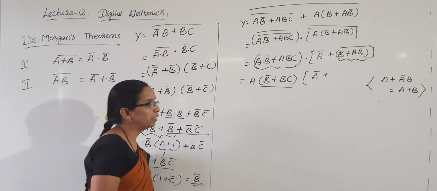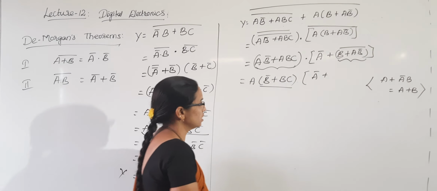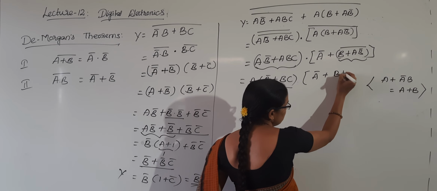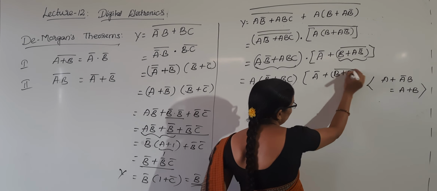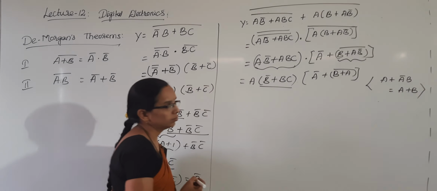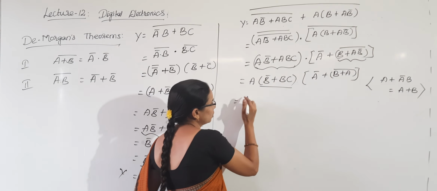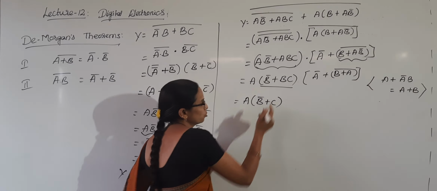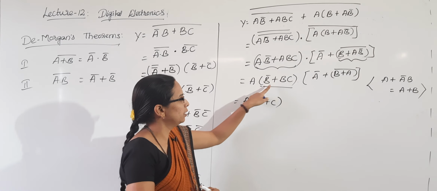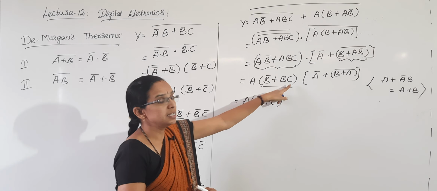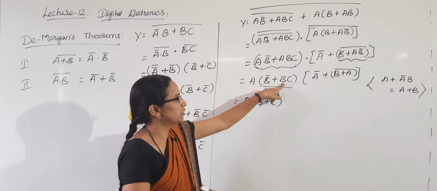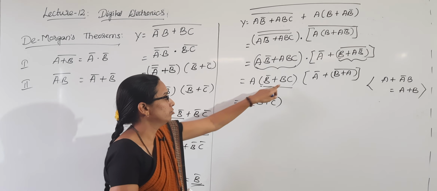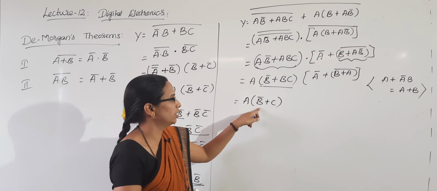A plus ĀB can be written as A plus B. In the same way, this can be written as B plus B̄A, which is B plus A whole bar. Even this one, B̄ plus C, should be A plus ĀB. So B̄ plus BC it is. So you have to leave the complement term. So I have left this B̄, I have written like that only.